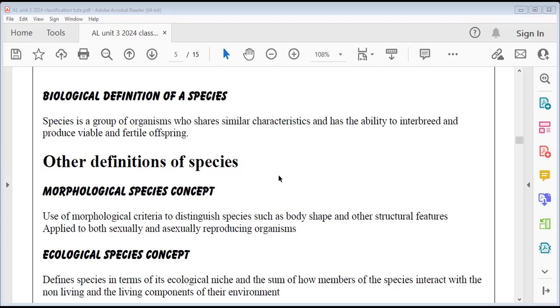A species is a group of organisms that share similar characteristics and have the ability to interbreed and produce viable and fertile offspring. Okay. Now, say you are a biologist. You get two organisms looking like horses. You want to decide whether these two organisms are in the same species or not. What should you do?